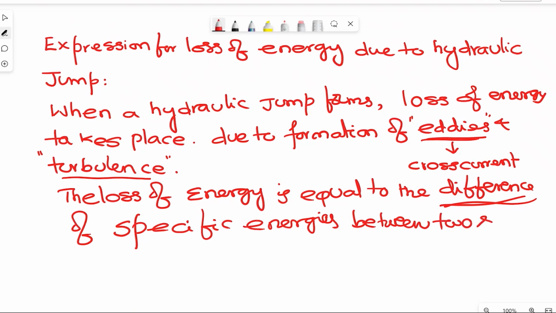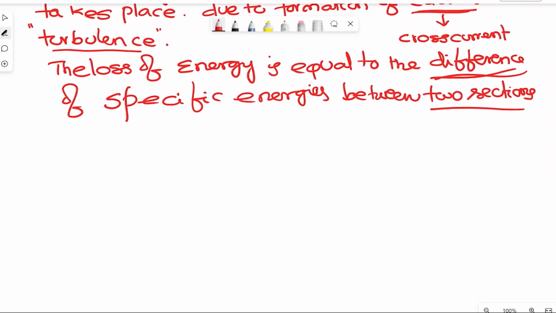One section is before the hydraulic jump, the other is after the hydraulic jump. Remember that.